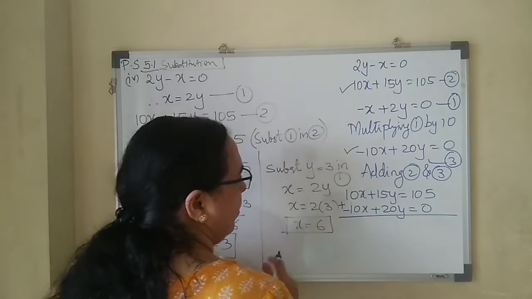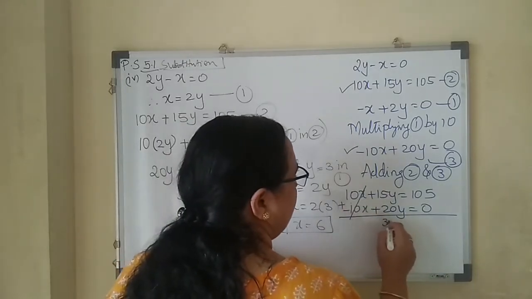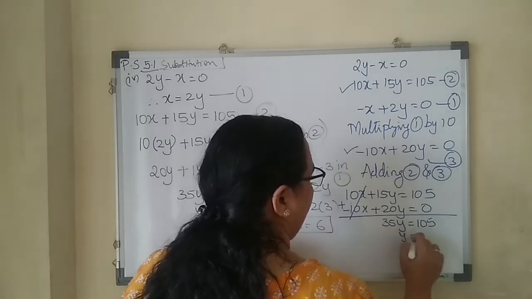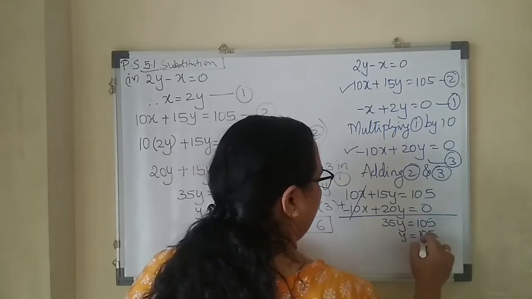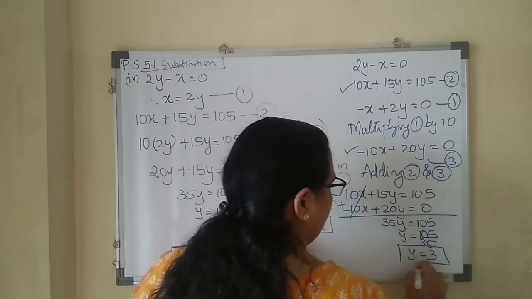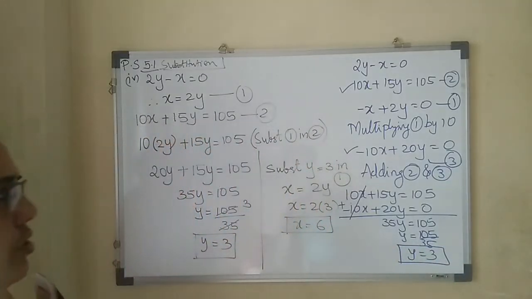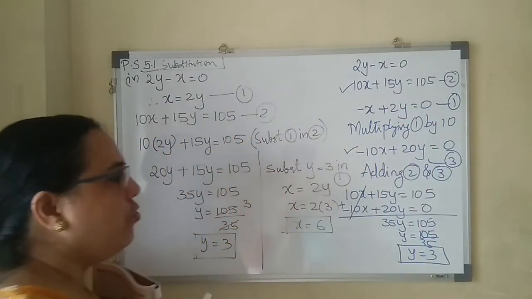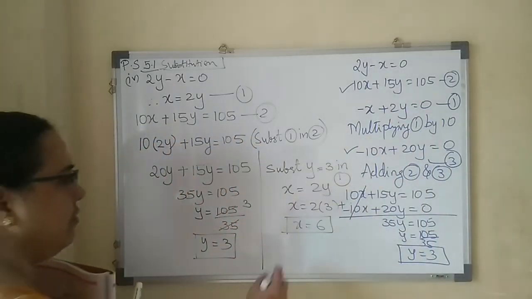Add them. This gets cancelled. 35y equals 105. y equals 105 divided by 35. So y equals 3. Substitute that y equals 3 in equation 1. You will get the value of x as 6.